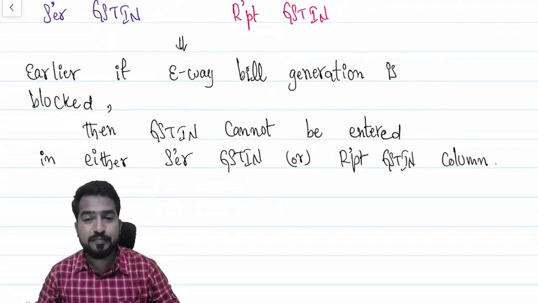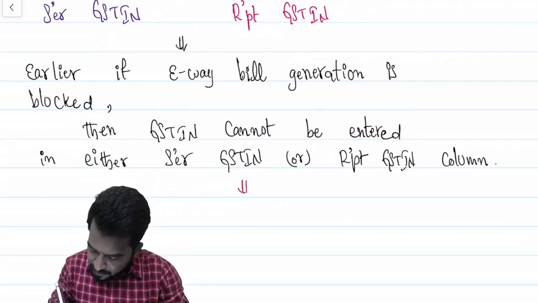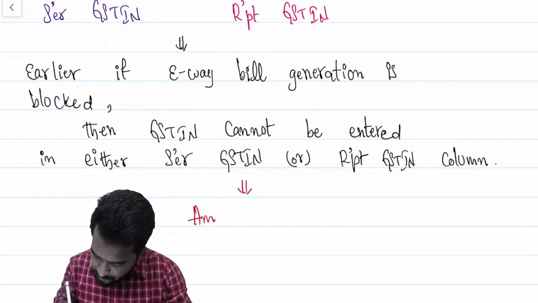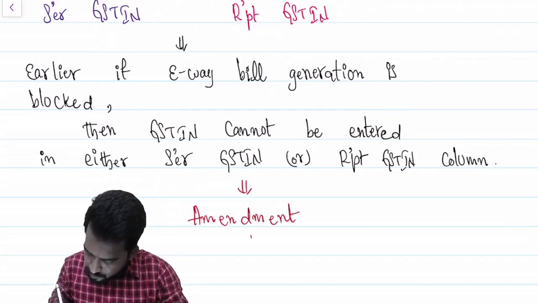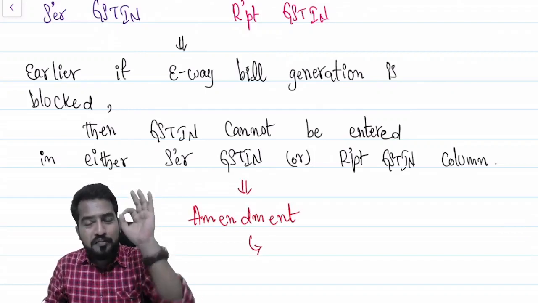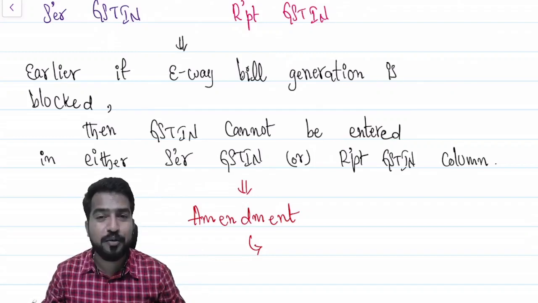That was the case. But now the amendment is made in such a way that you cannot fill it only in the supplier's GSTIN column. You can fill it in the recipient's GSTIN column.